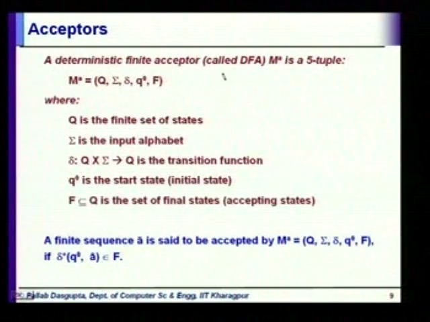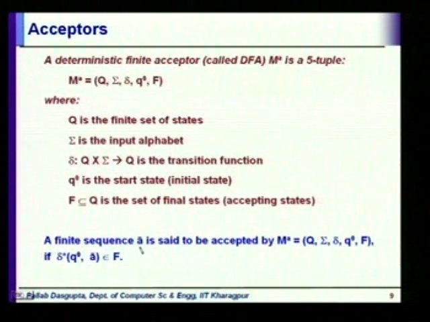So, a deterministic finite acceptor called DFA is a 5-tuple Q, sigma, delta, q0, F, where Q is the finite set of states, sigma is the input alphabet as before, delta is the transition function, q0 is the start state, and F, which is a subset of Q, is the set of final states or accepting states.